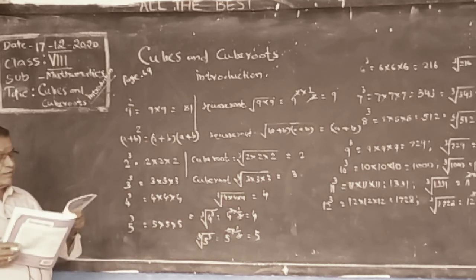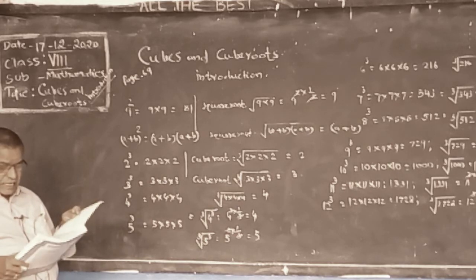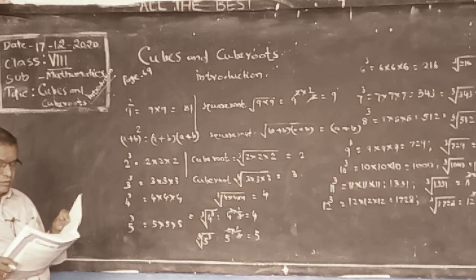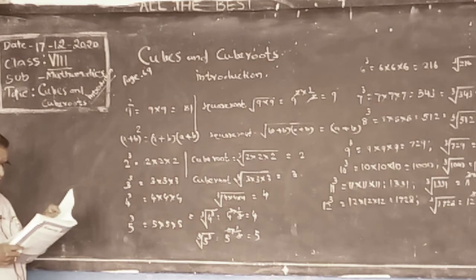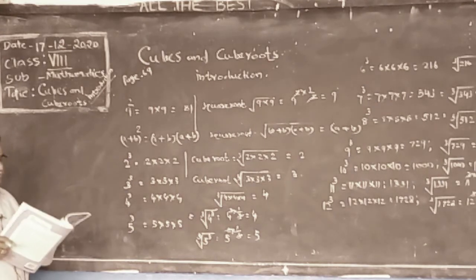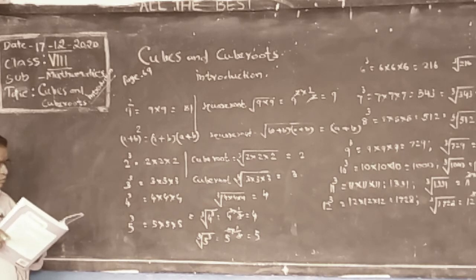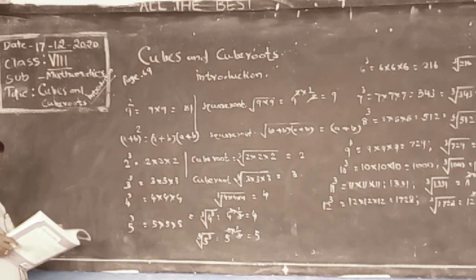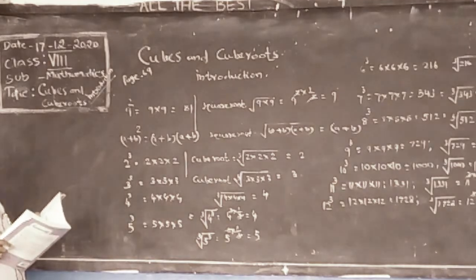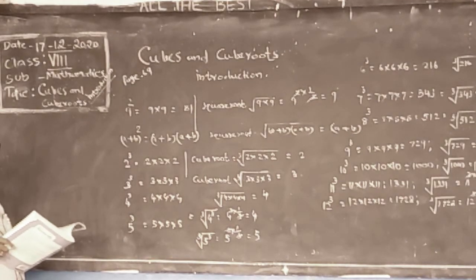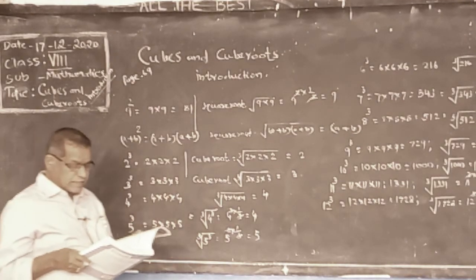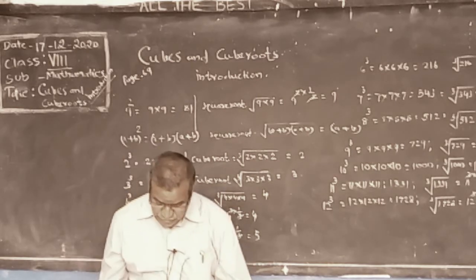So please follow these instructions and follow all examples. Now, in the next class, I will explain how to find cube roots. Given one exercise, you cannot do all of this unless you know the values.